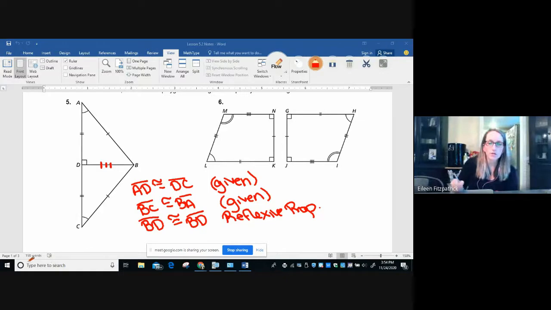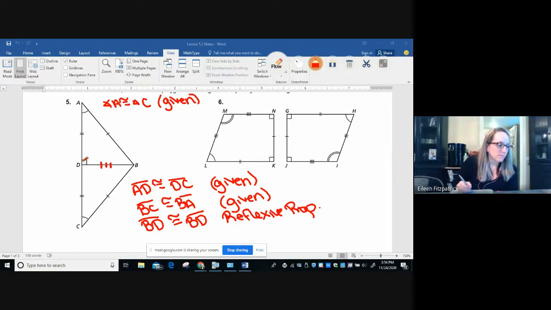Now let's talk about the angles. Again, given information, I know that angle A is congruent to angle C because it's marked. I guess I'll do my angles up here. So angle A is congruent to angle C. That's given. Okay, what else do I know?